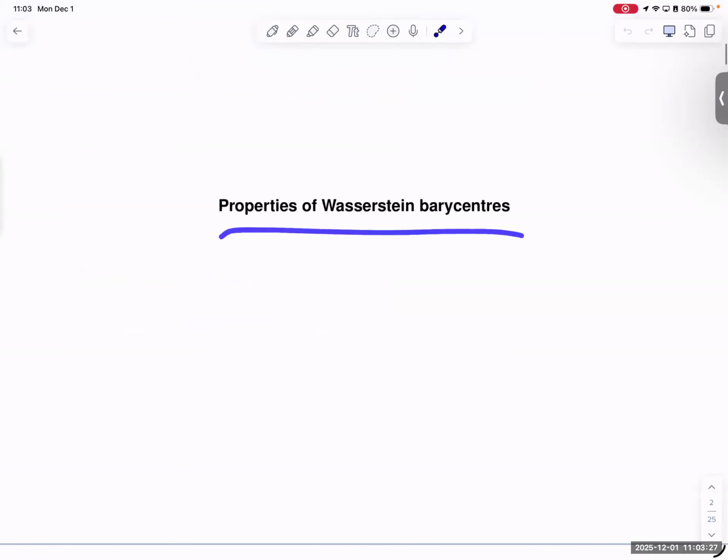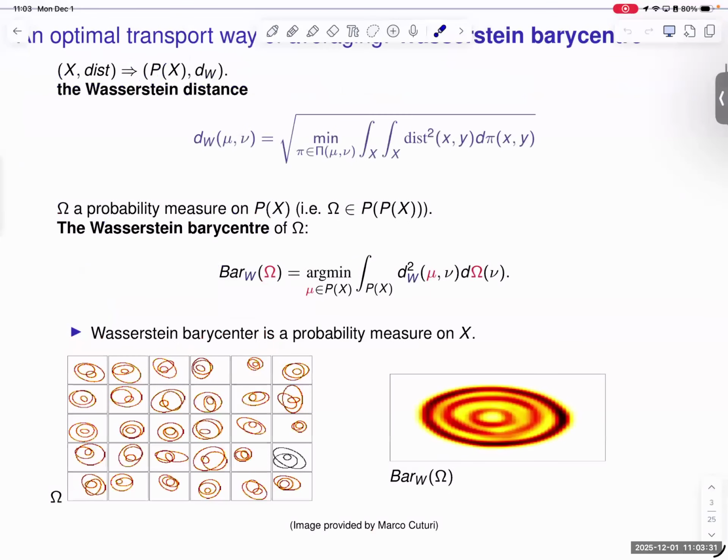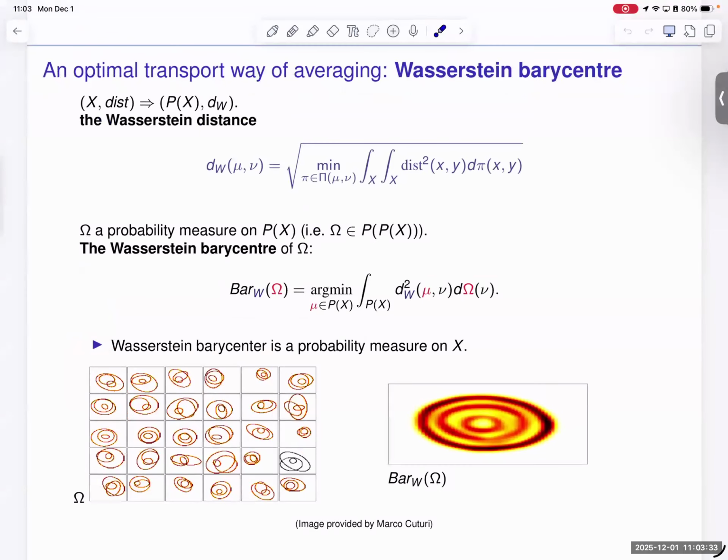So we want to understand some properties of Wasserstein barycenters. Wasserstein barycenters are defined in this way. We consider the Wasserstein distance, just the optimal transport distance, on the space of probability measures. Now this space is a metric space.